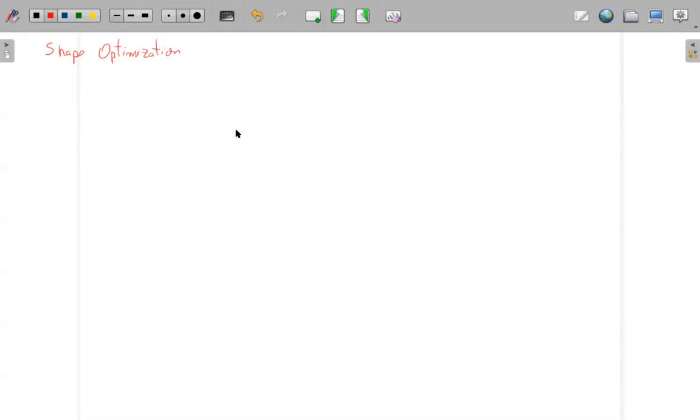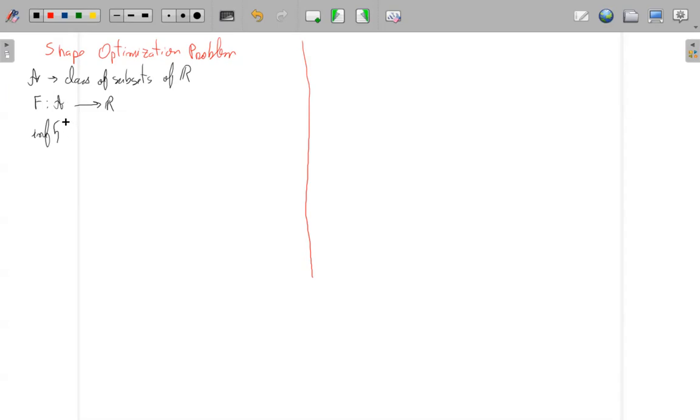So think you have a cost function, okay, whose domain is made of a class of sets, so a class of subsets of Rn, and now you want to minimize the cost among all shapes in this set, which can be a class of open sets. You can put convexity, depending on the application you have in mind. So this is very general.